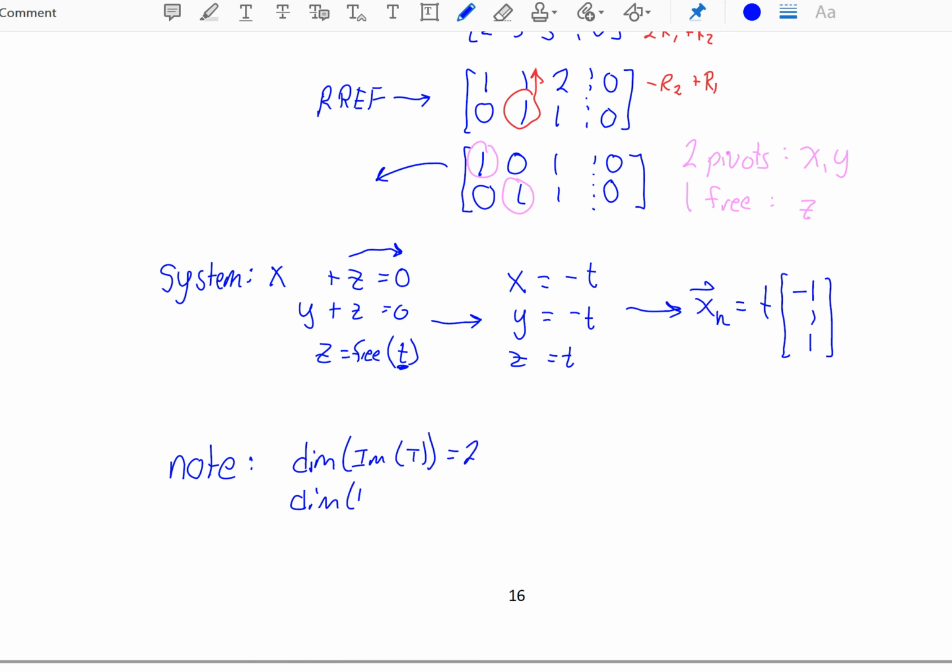The dimension of the kernel of t, and because the kernel of t are all multiples of this vector, which is a line, its dimension is 1. And the sum of these two dimensions is 3, which is the dimension of your domain, since we started with things out of R3.